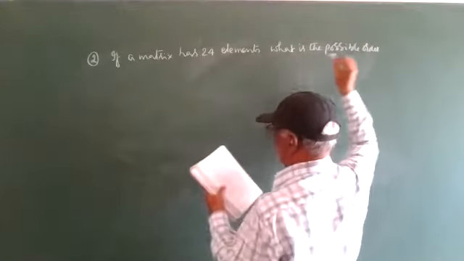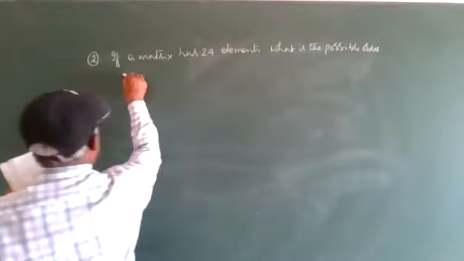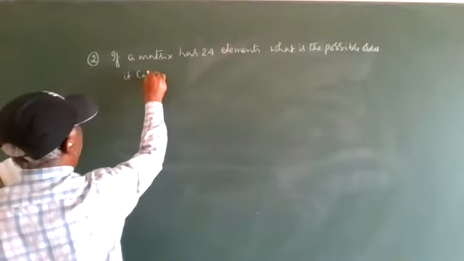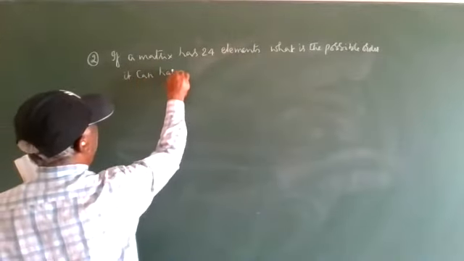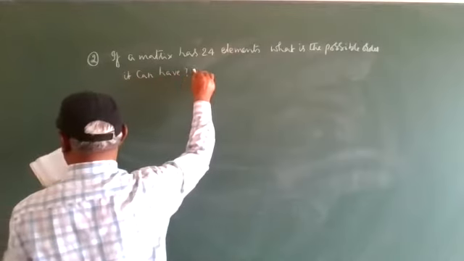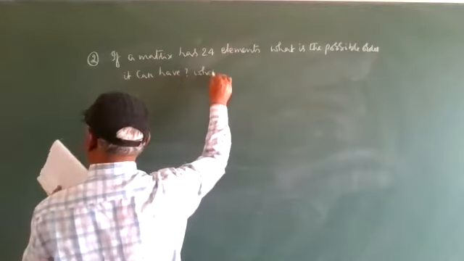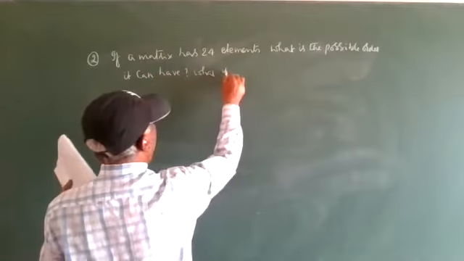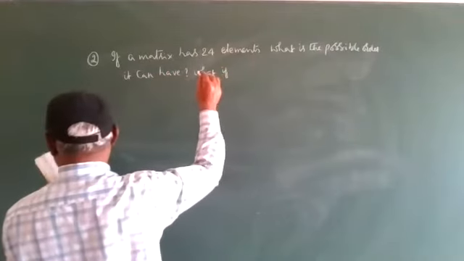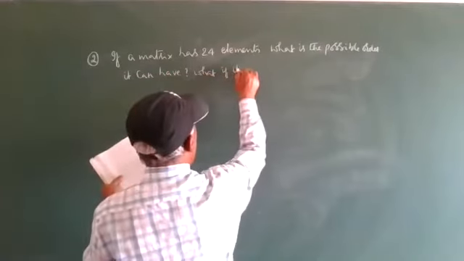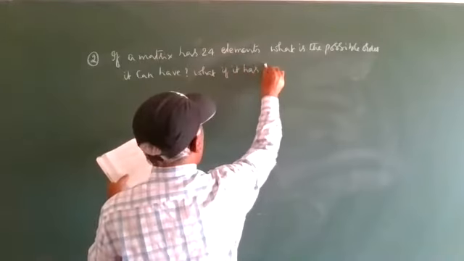The first bit is given, and the second bit is also given: what if it has 13 elements?